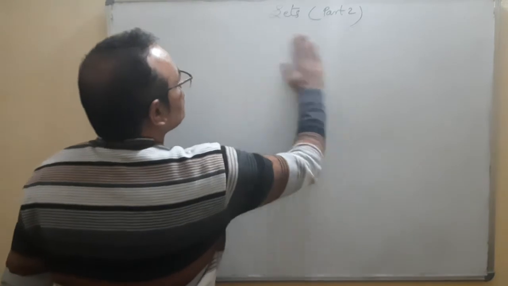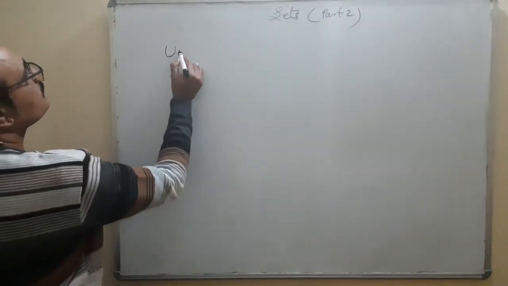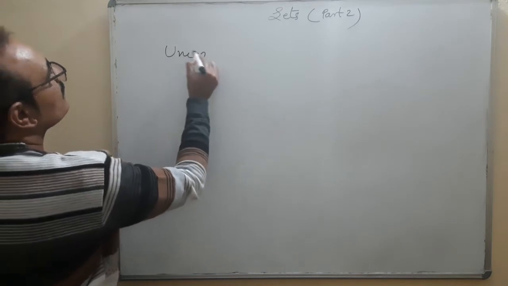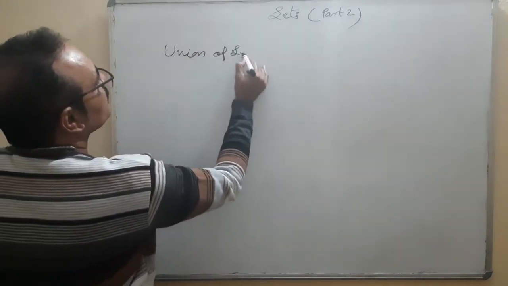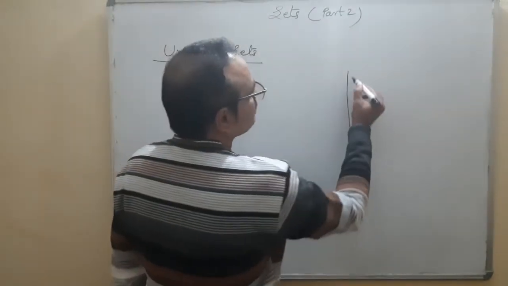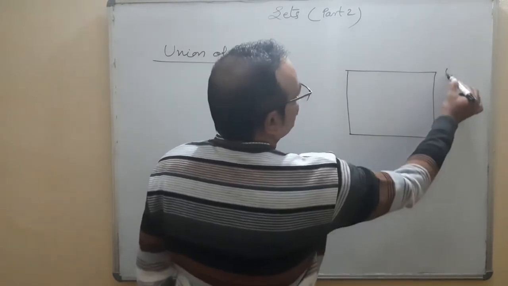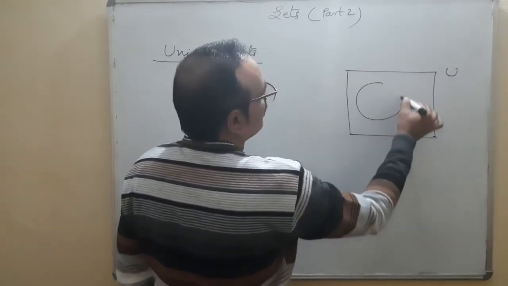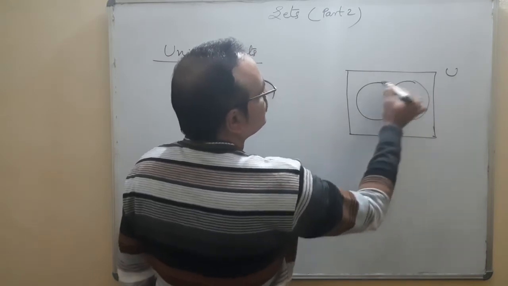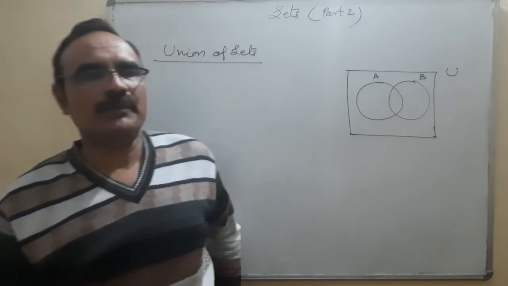Union of two sets. What is the union of sets? U, A, B. Union of sets, what does it mean?